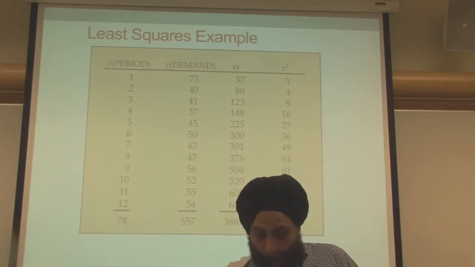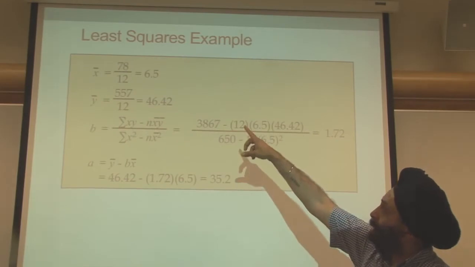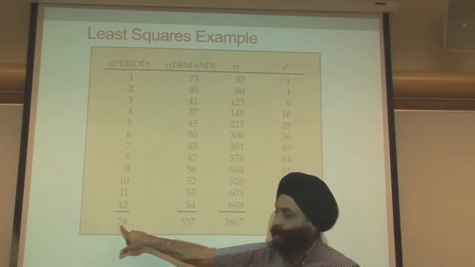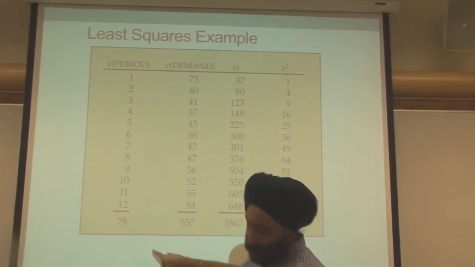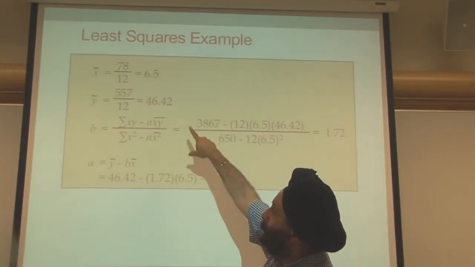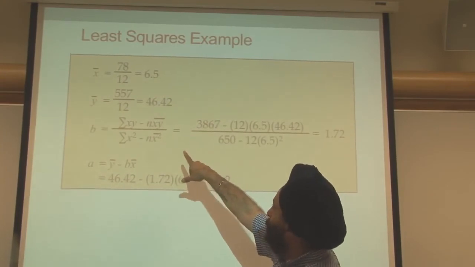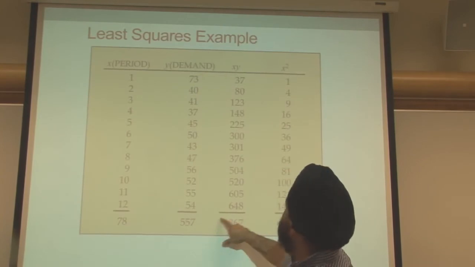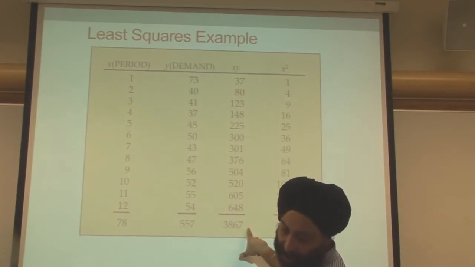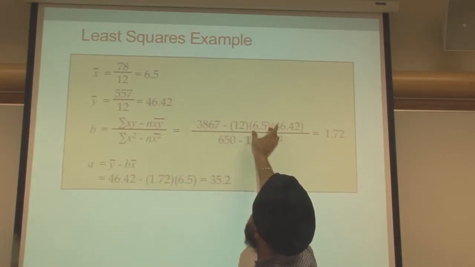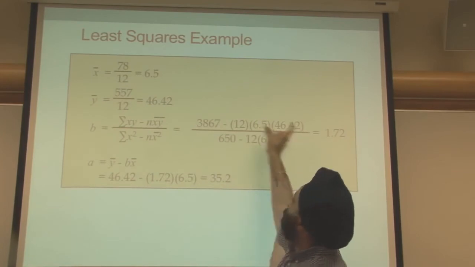X bar is 6.5, which is 78 divided by 12. Then Y bar is 557 divided by 12, which is 46.42. Then sigma XY is 3867 minus 12 times the 6.5 calculated earlier and 46.42.